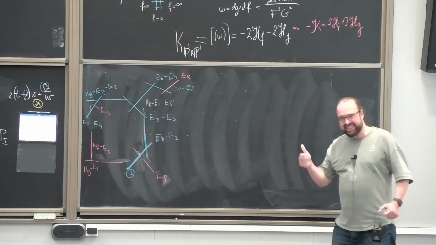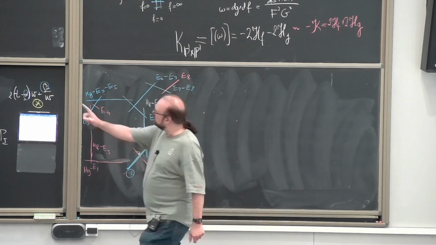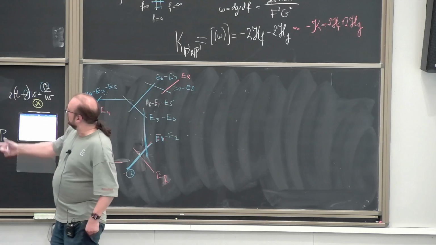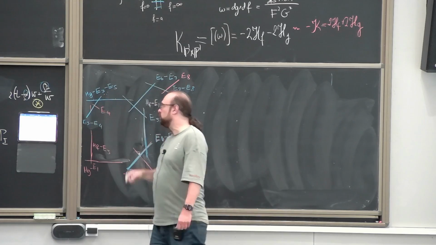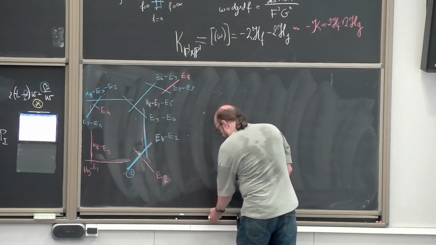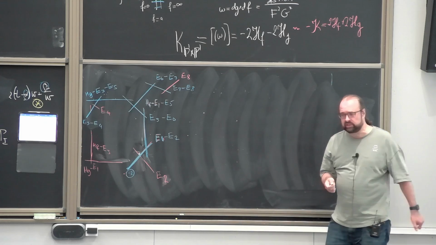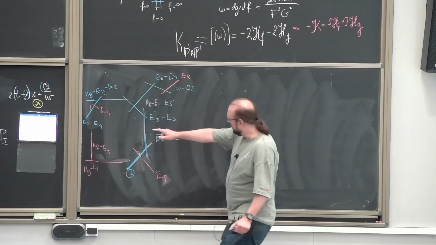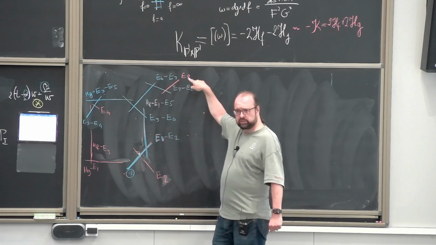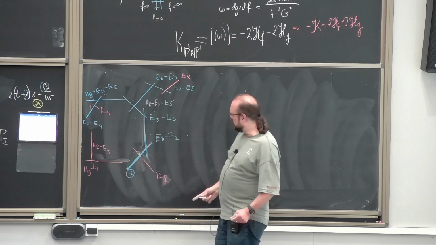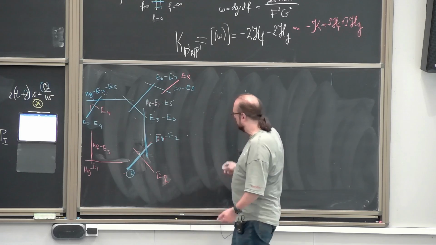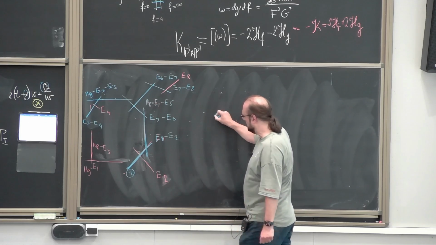Okay? And that's where the affine Dynkin diagrams start showing up. Let's look at the configuration of these blue curves. If you draw them, you see that you have a chain. Let's start here.